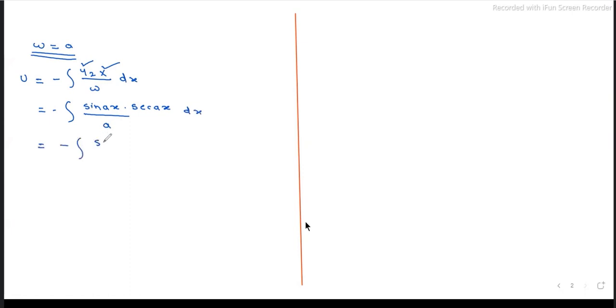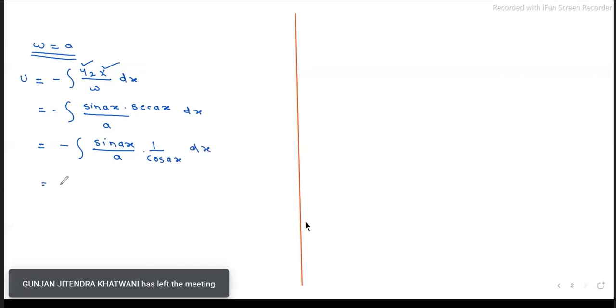Minus integration of sin ax upon a. Okay, this sec ax can be written as 1 upon cos ax. Okay, dx. Now minus 1 by a.